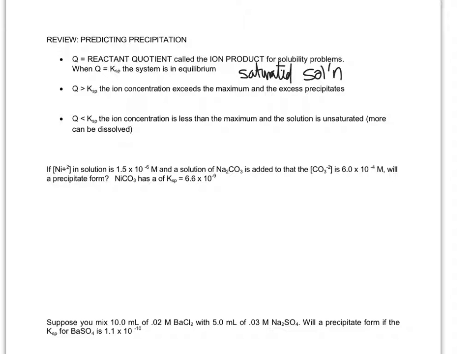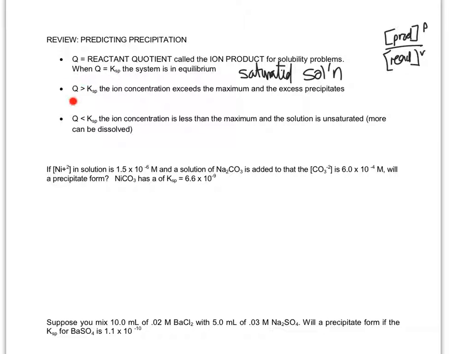Okay. If your Q turns out to be a little bit greater than K, or KSP, remember that Q or K is the product concentration over the reactant concentration raised to the power of their coefficients. So if that expression is too large compared to what it should be at equilibrium, because remember K is what it should be at equilibrium, that's going to eventually reach that value.